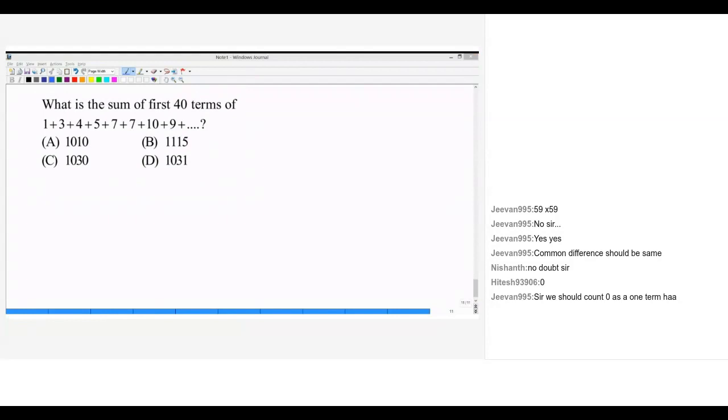Now answer this. I want every one of you to please try it. Hitesh answered.